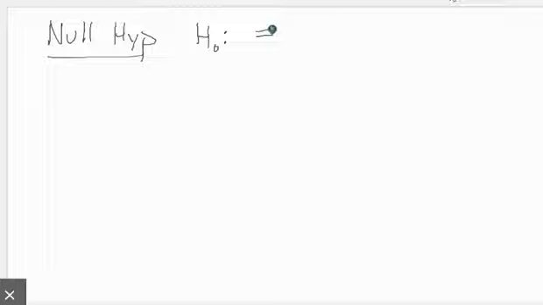So let's start with the null hypothesis. Well, we already talked about the symbol for the null hypothesis, and it's H sub 0. But the other thing about the null hypothesis that you should know is it will always have an equal sign.